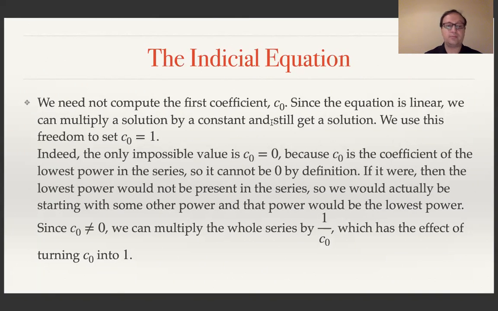So if c0 is any non-zero number, then we can multiply the whole generalized power series by 1 over c0, and then we get a solution in which c0 is 1.